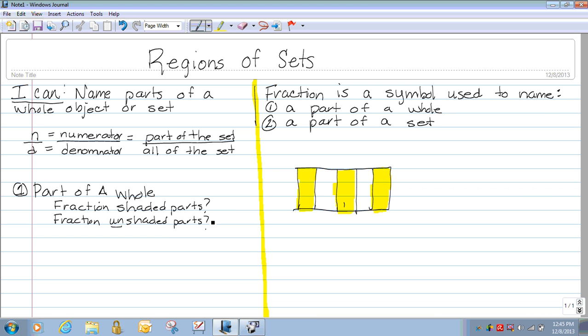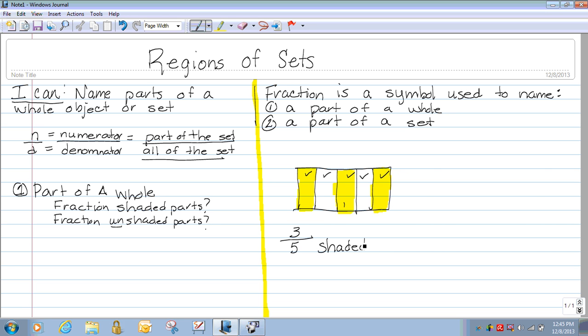Well, to answer the fraction of shaded parts, you count the shaded parts. Here we have 1, 2, 3 shaded parts over all of the set. And if we have 1, 2, 3, 4, 5 total parts, then our fraction would be 3/5 shaded.